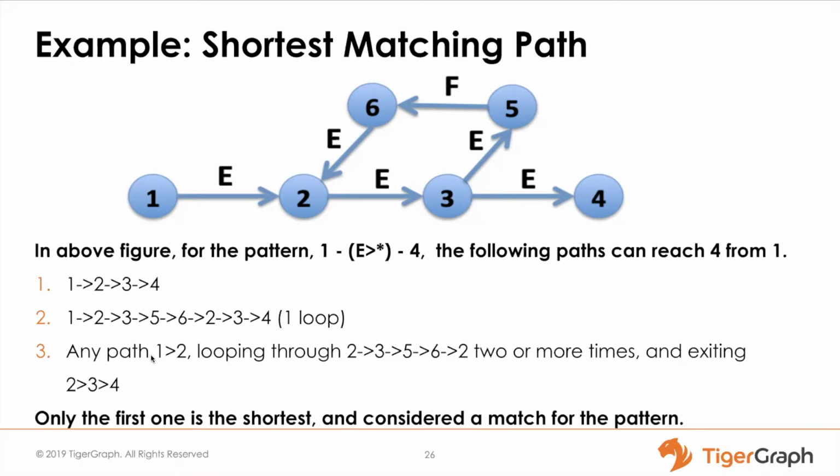Or any path that goes through this circle many times and jumps out at 3 and reaches 4. So there are an infinite number of matches of this regular expression, but GCQ is going to return the first one, the shortest one. This is the shortest path matching semantics.